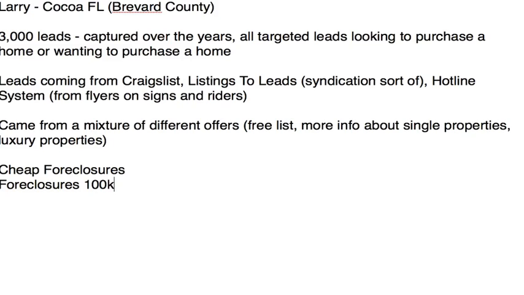Most of ours seem to be below 100, actually below 50, 60,000. That's where the majority of your leads are. We have very few upper end foreclosures in the 150 on up range. We just don't have a lot of foreclosures in that range, and if they are, they're in bad shape. We've got a ton of short sales.